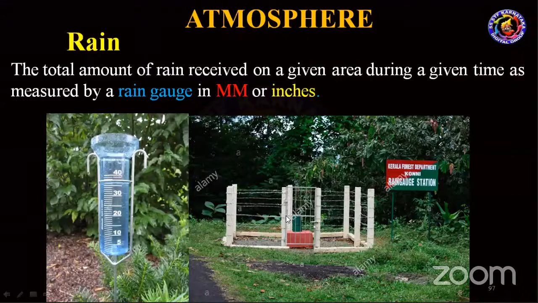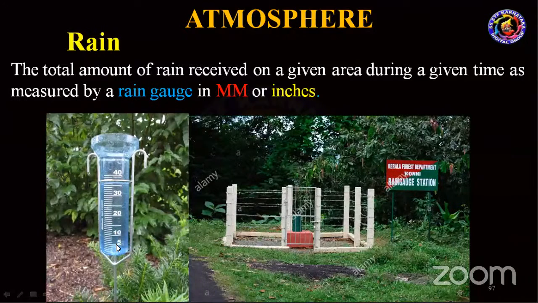Sir, how does that machine measure? This machine is a kind of plastic instrument. Here they have marked numbers also. They measure how much water it stores in the instrument through these.